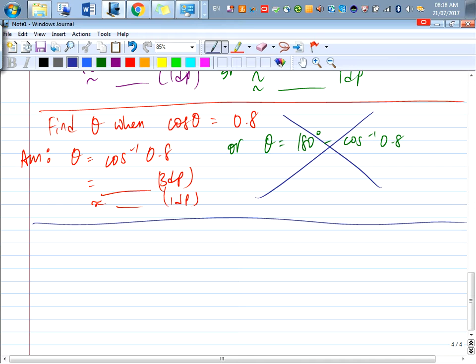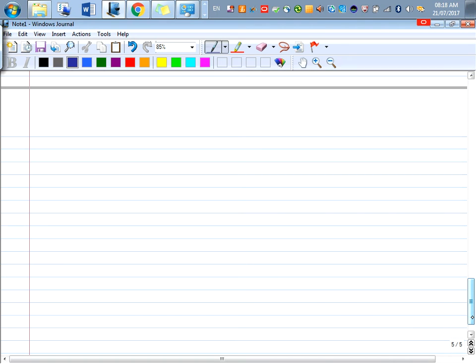Okay? So that was our trigo for obtuse angles for area of a triangle. So now I'm going to go into your sine and cosine rules. I am not going to tell you which rule to use. Then you look at the information given, you tell me which rule to use, okay?